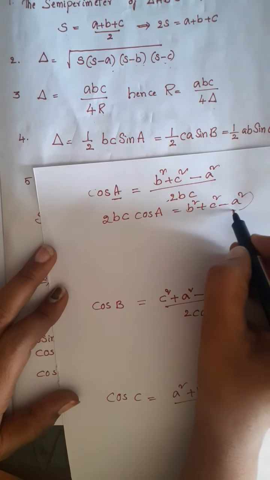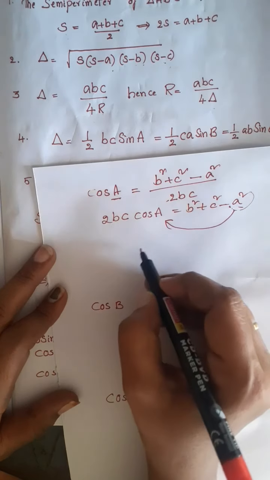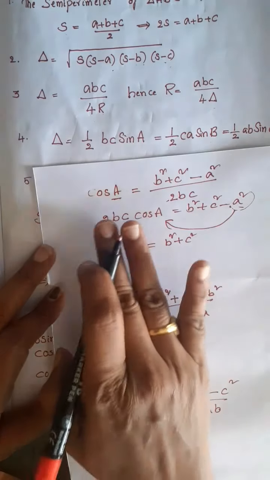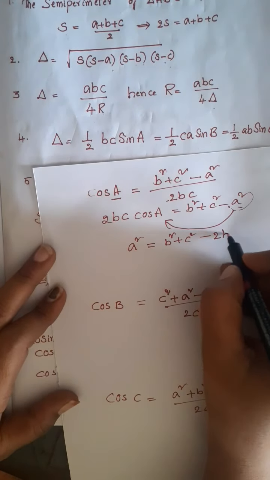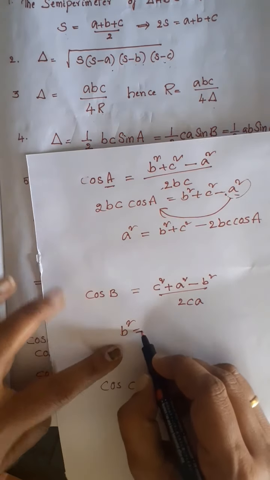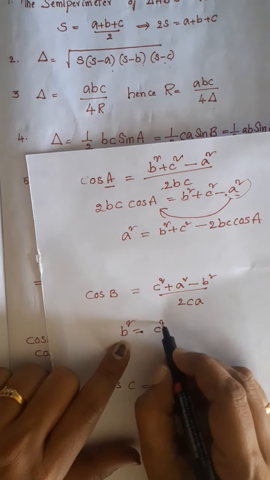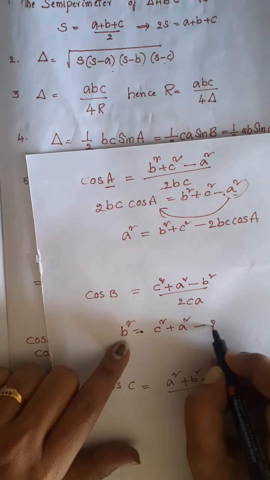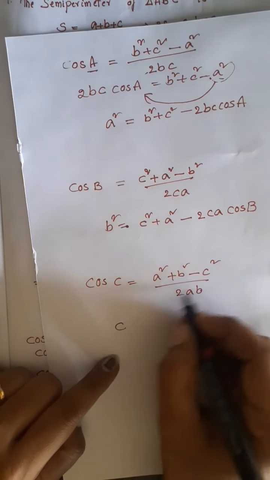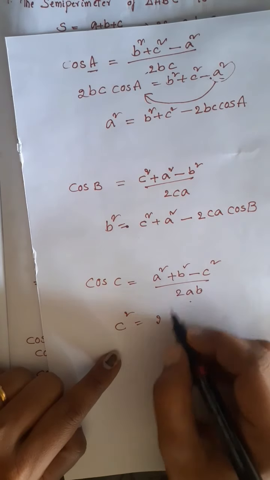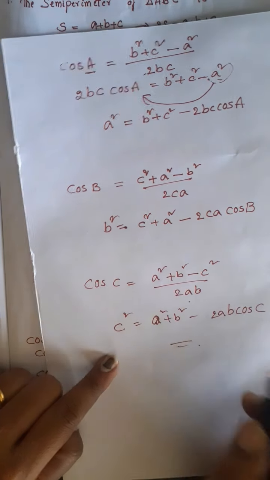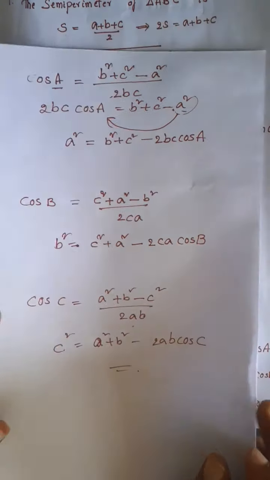I want a square value now, so I am sending this a square this side. a square is equal to b square plus c square remains as it is, and I am sending this part this side, minus 2bc cos A. Can you say b square is equal to c square plus a square minus 2ca cos B. Here c square is equal to a square plus b square minus 2ab cos C. These are the cosine rule. This is also an important thing.